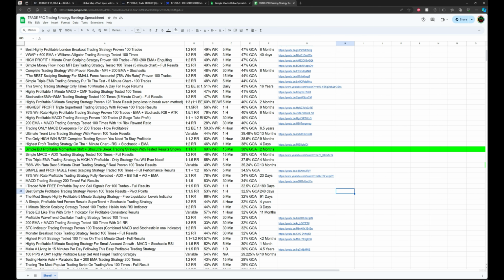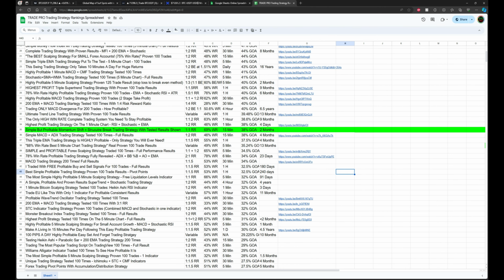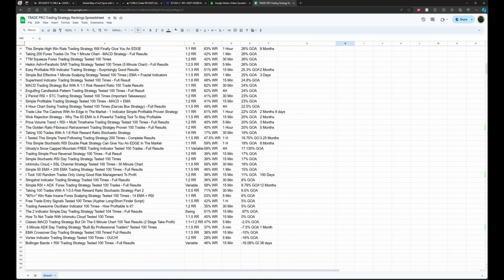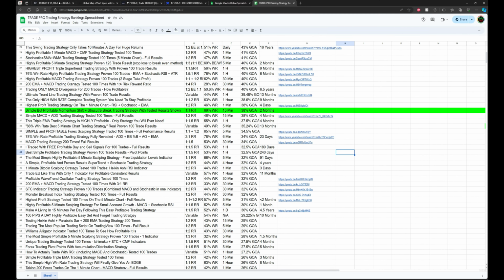All right, here it is on the strategy ranking spreadsheet, and it just turns out to be the most profitable 1-to-1 risk to reward ratio strategy test that I've done out of every single strategy here. We'll look at some other ones to see what's the second best and so on. But this is number 35 out of 101 strategies that I have tested on here.